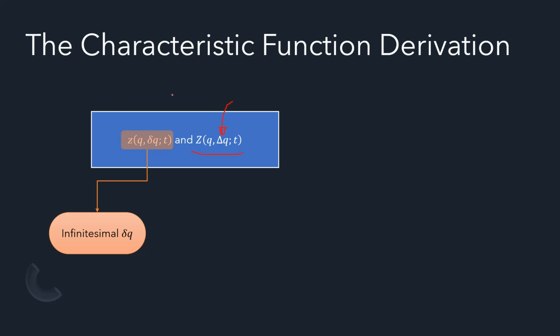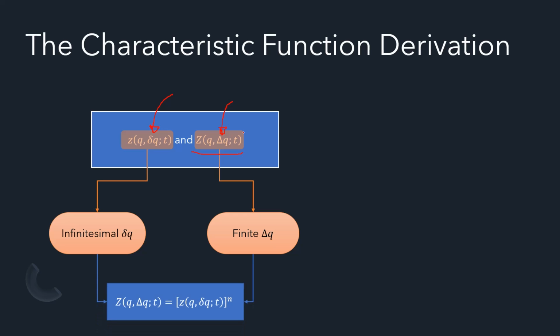We know that this one is related to this infinitesimal displacement, while the second, the capital Z, is related to finite displacements. And the relation between the two, according to what we have seen in the previous video, is just the one we show here: the product of the infinitesimal characteristic functions gives the finite characteristic function, because we are assuming that our probabilities are independent.